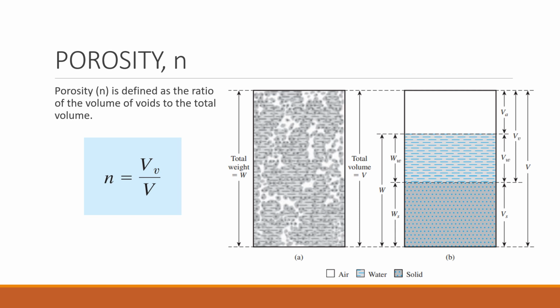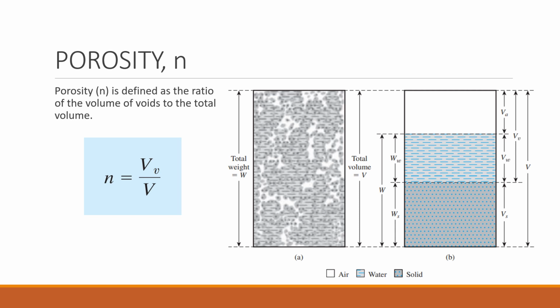So, referring again to our rectangle B on the right side of this presentation, we have here the volume of voids, denoted by capital letter V with subscript V, and the total volume, denoted by V alone. We can observe here that the volume of voids is equal to the summation of two parts: the volume of air and the volume of the water present in our soil.